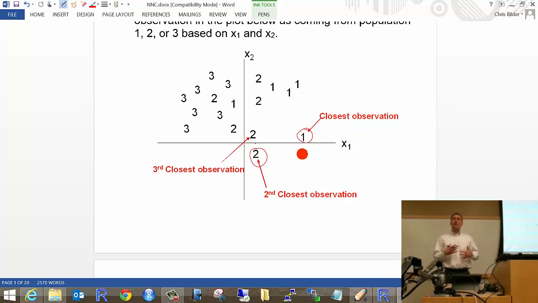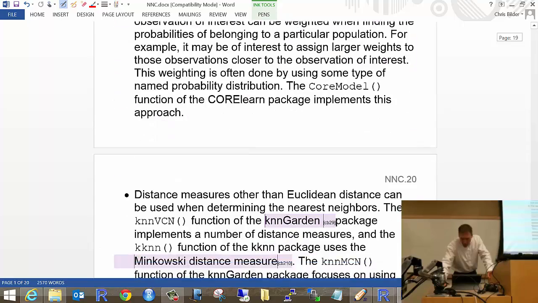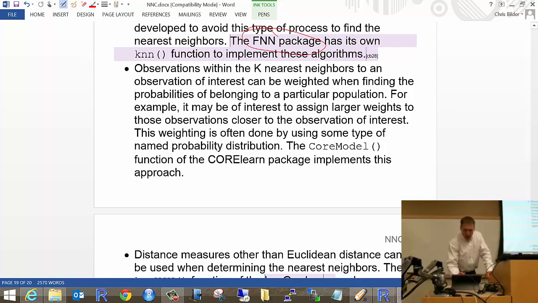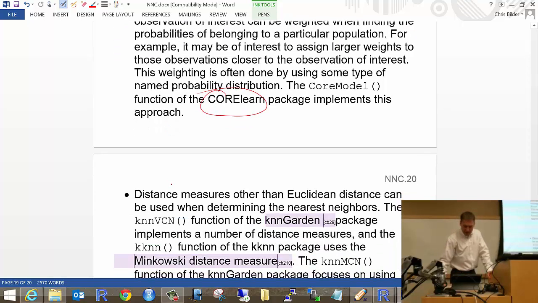These weights are often formed based upon probability distributions. In this case, I give more weight to the observation from population number 1, and I would classify it into population number 1. If you want to know more about that, there are functions available for k-nearest neighbor classification. Take a look at the kknn package and the kknn function inside of it.